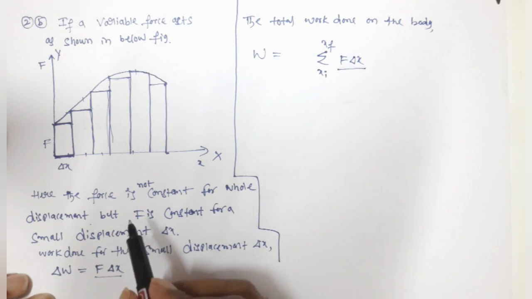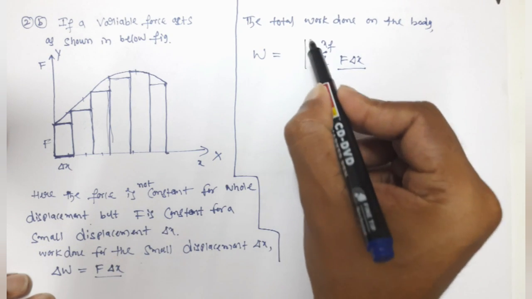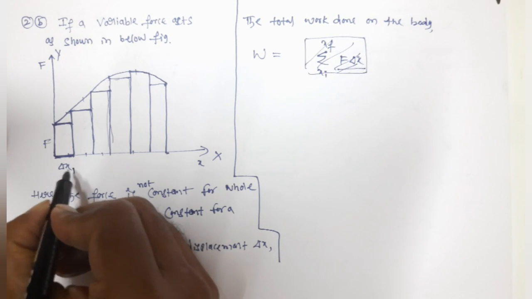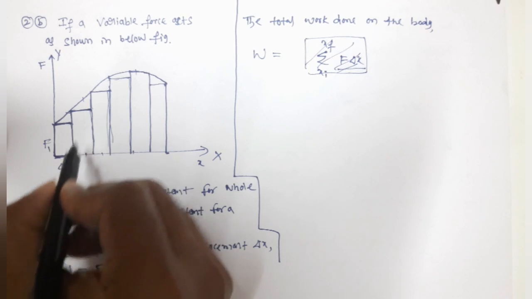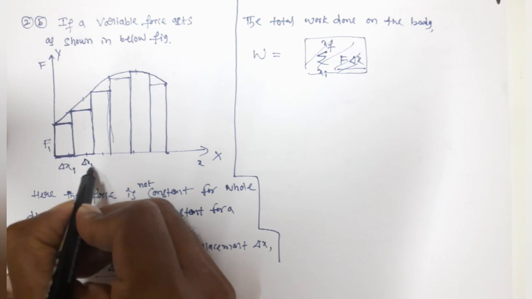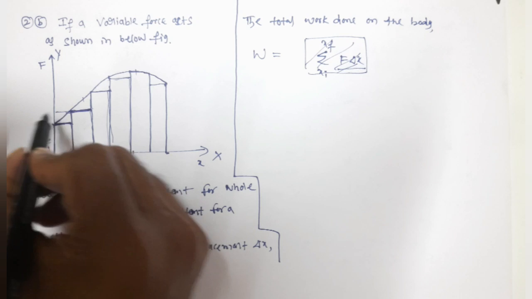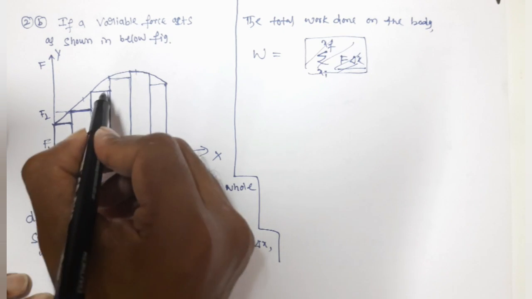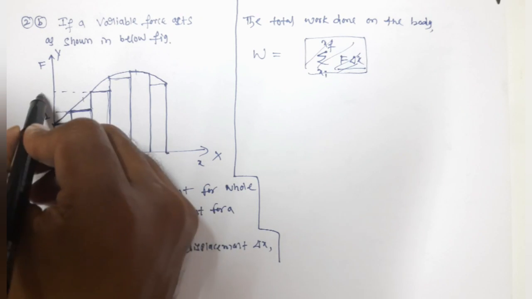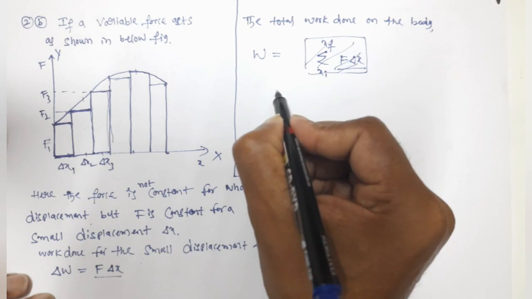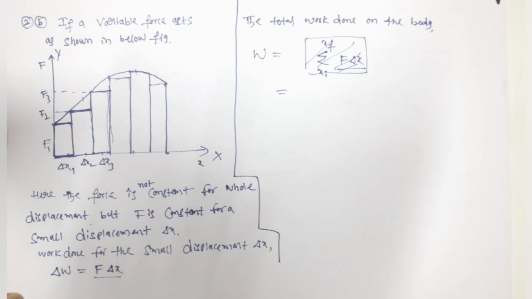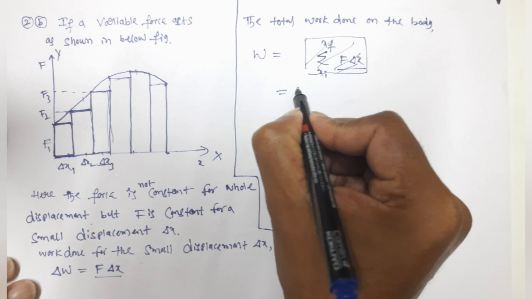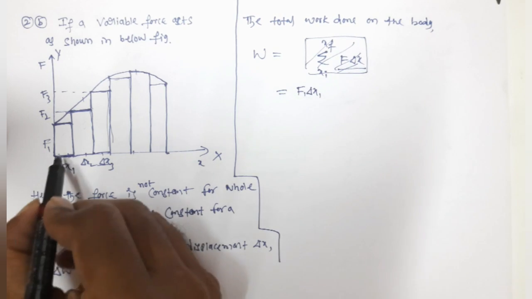Or instead of writing this whole thing, we can write like this. Call this one delta x1 and F1, this one delta x2 with this value F2, and this one delta x3 with this value F3. That means, how do we calculate the whole work done? Delta x1, delta x2, delta x3 and so on. So what do we write? F1 into delta x1, this work done.